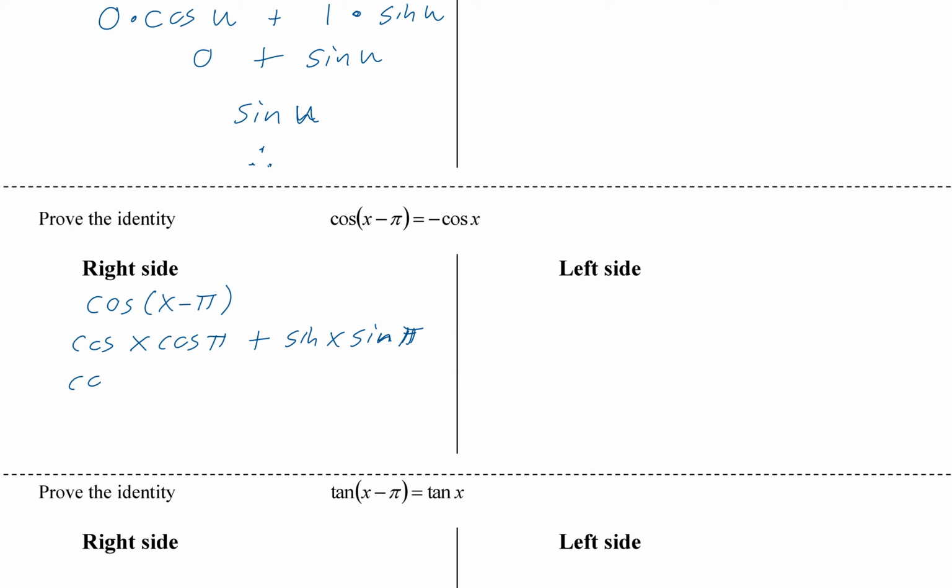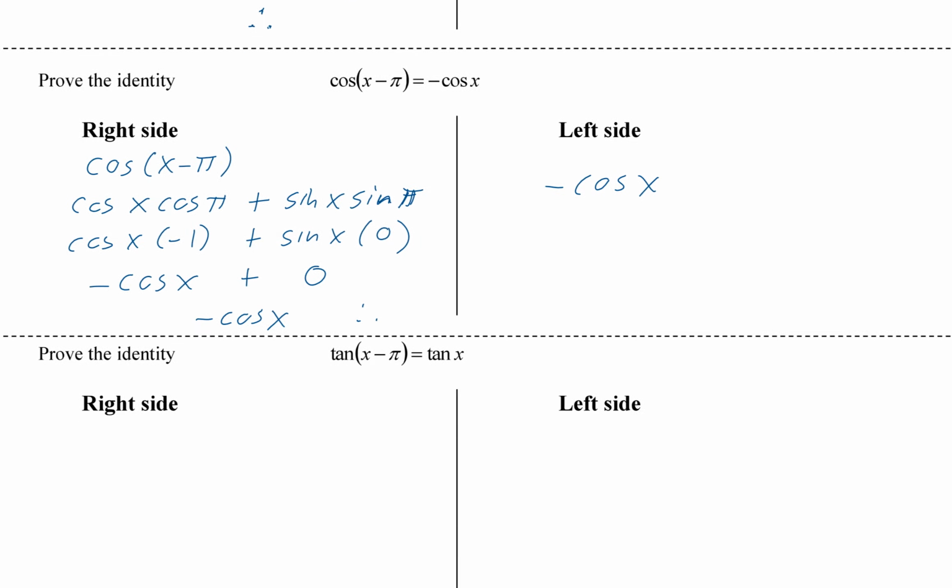So cosine of pi would be -1, and sine of pi would be 0. So we end up with negative cosine x plus 0, which is negative cosine of x. The same.